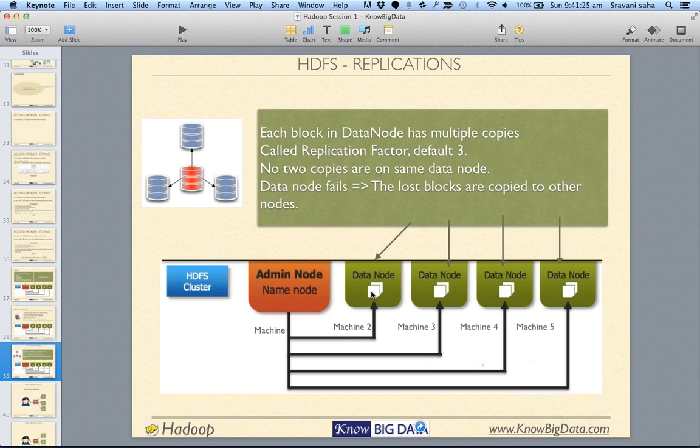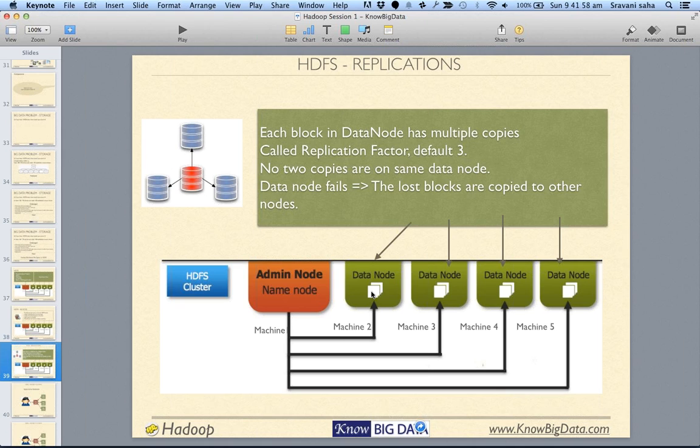Effectively, you will be using more computers to cater to a request as compared to our earlier design, in which only one computer was used for providing the data, right? So this makes it possible to build a highly fault tolerant as well as highly reliable system for storing the files.